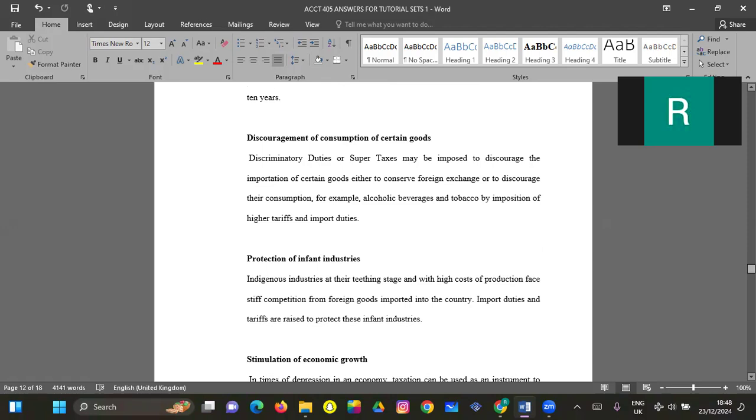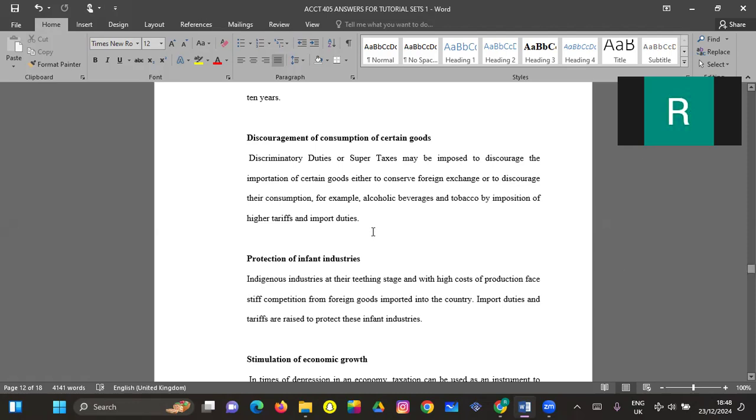So basically what this means is that if let's say a firm here is producing shirts and then we import similar shirts, right? Government will then tax the one that has been imported more, to make the local one cheaper so that the local one can excel.